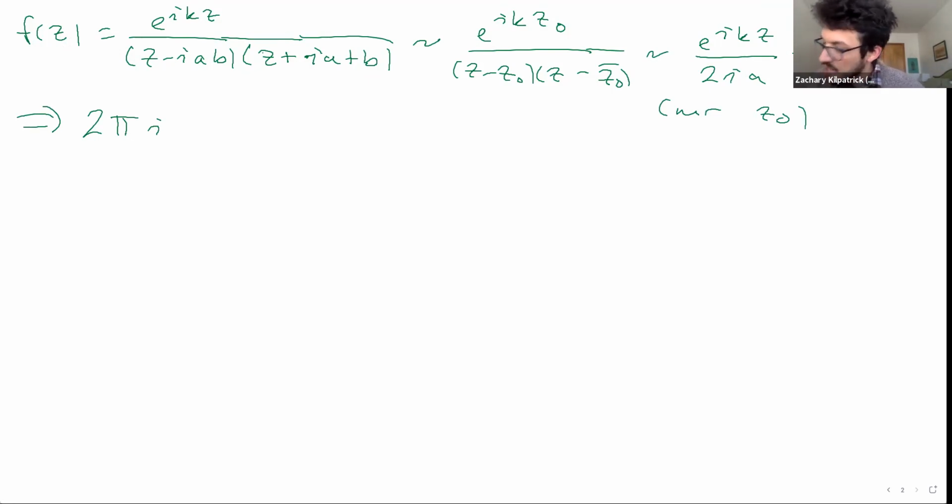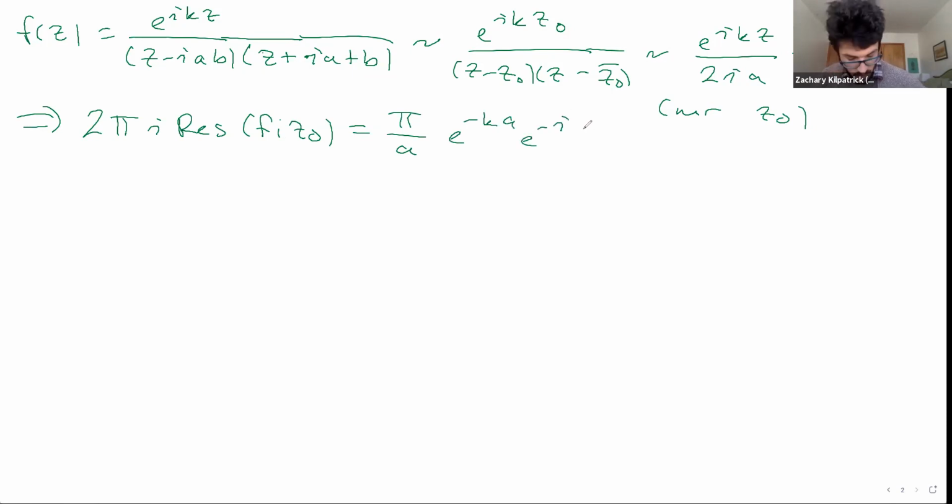You would cancel out this term and just get the rest of your function evaluated at the singularity. So our residue gives us the following formula for that contour integral.